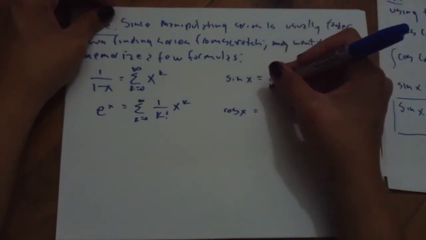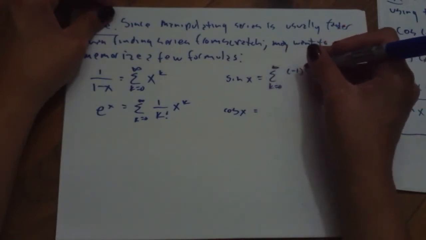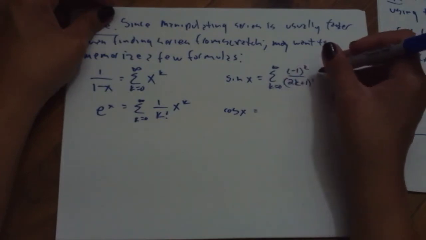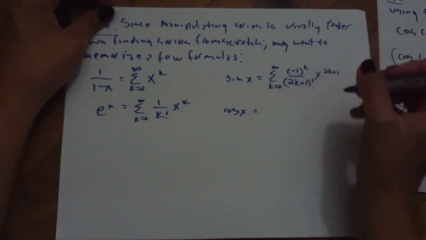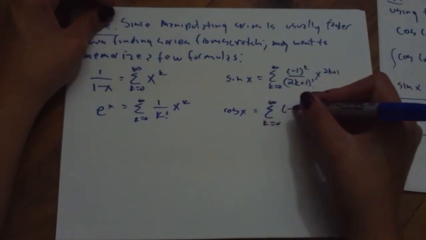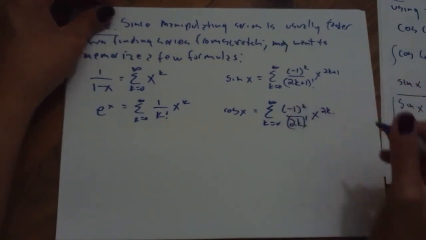Sine x was the one that we just found, the sum of minus 1 to the k over 2k plus 1 factorial, x to the 2k plus 1. For cosine, this was a sum of minus 1 to the k over 2k factorial, x to the 2k.